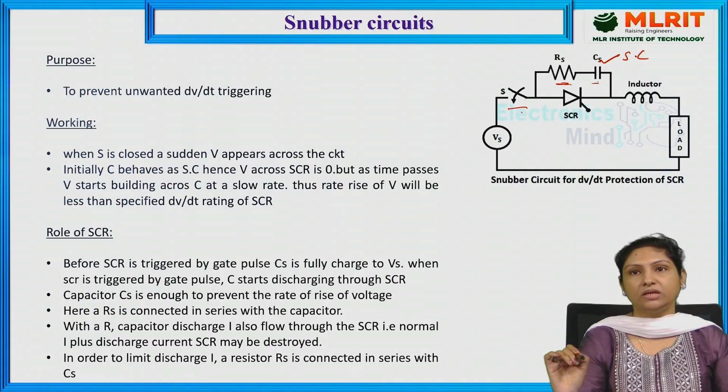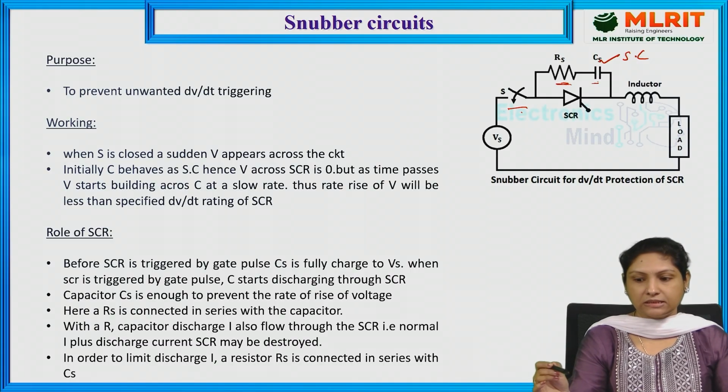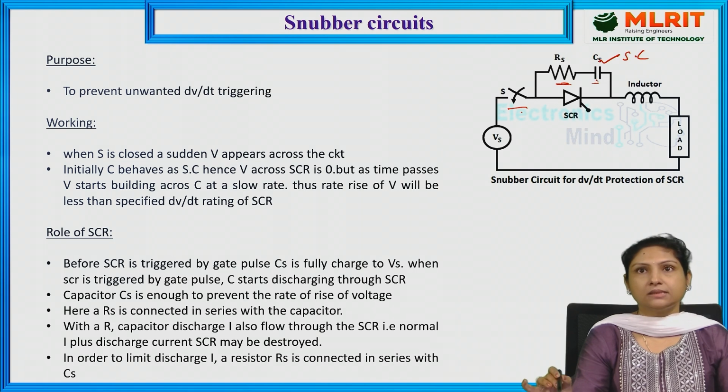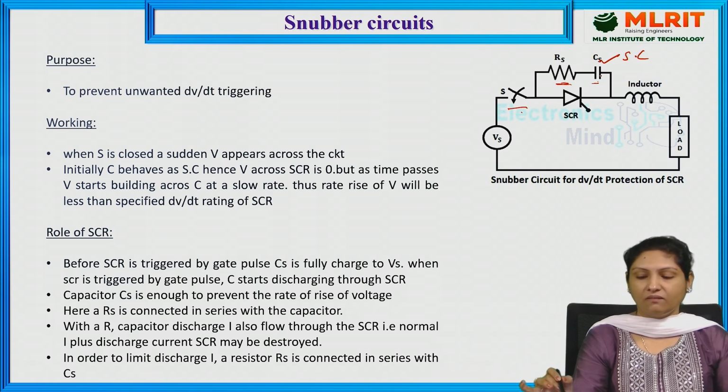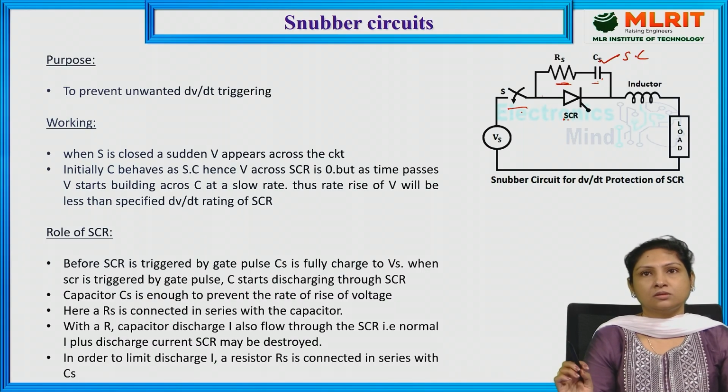That is the only reason we connect the resistor in series with the capacitor: once the SCR is turned on, the charge stored in the capacitor is discharged through the resistance so that our SCR will not be damaged.